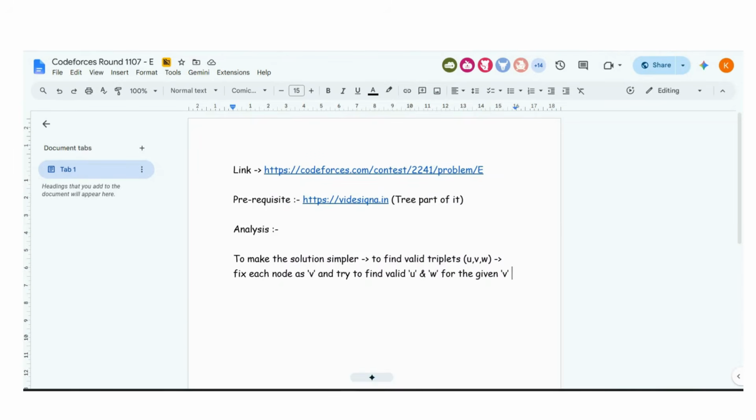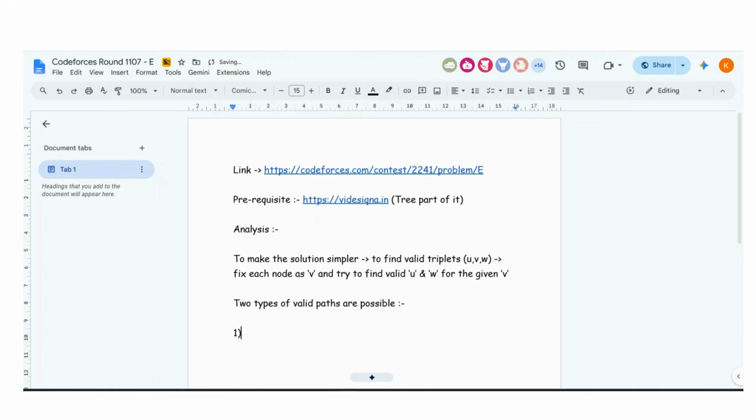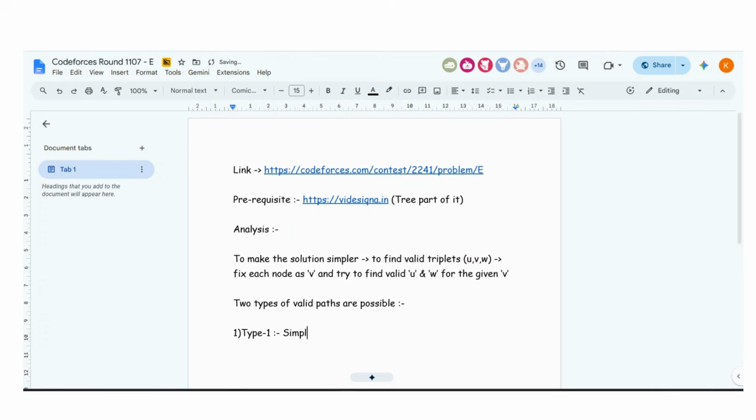Why? Because two types of valid paths are possible. First is type 1, which is simple paths. In simple paths, you go from U to V and then you go from V to W. Type 2 paths are T-shaped paths.